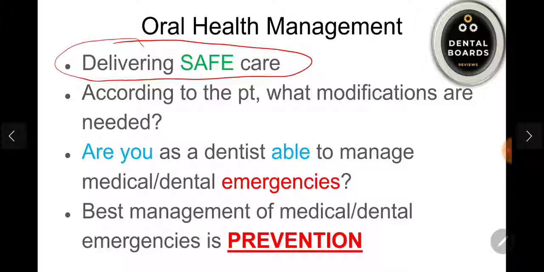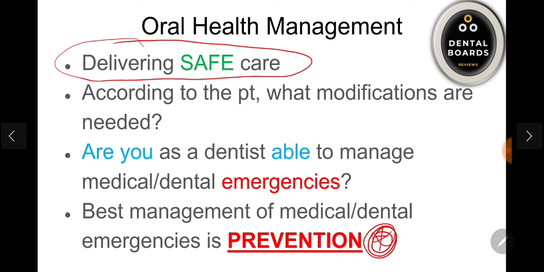So there is the prevention part, because prevention is the best way to manage medical and dental emergencies. And how do you prevent things? By doing your due diligence, by reviewing all the patient's medical history, surgical history, allergies, medications, as I mentioned before, so that you can make an assessment and plan which is safe for the patient and prevent any emergencies.